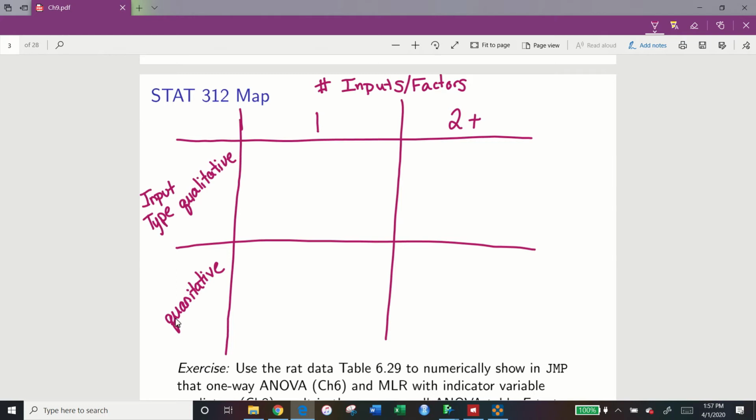Oftentimes, we refer to qualitative data as nominal data and quantitative data as numerical.